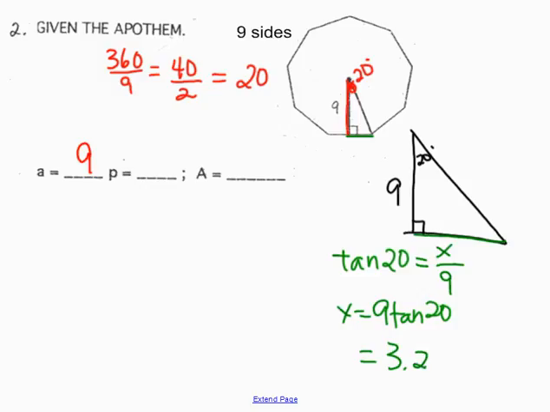So this little guy right here is 3.2. That means the whole side is 6.4. When we multiply that by 9, we get 58.9. I'll write that down. 6.4 times 9 equals the perimeter, and that equals 58.9.